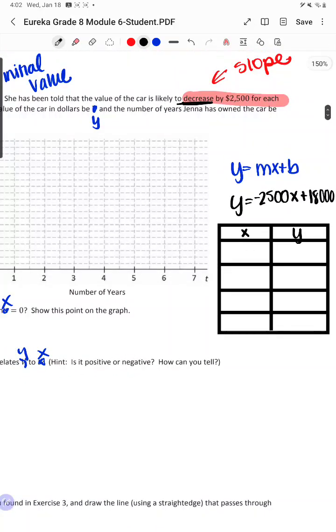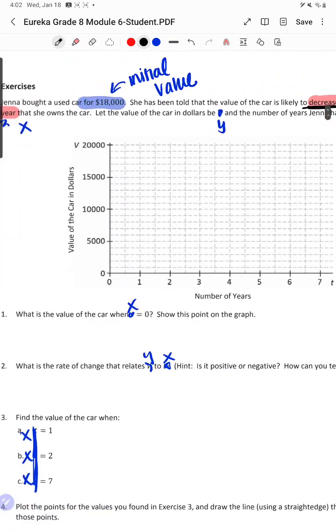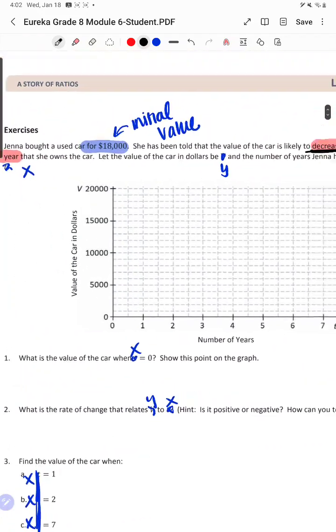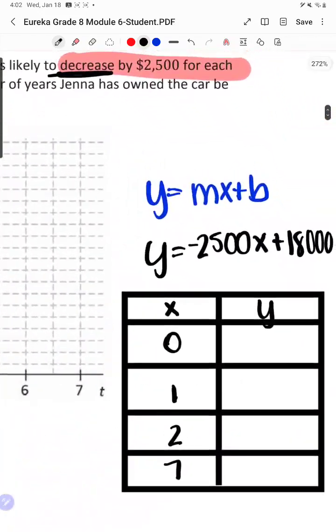All right, I'm going to fill in this with 0, 1, 2, and 7. All right, so it asks, what is the value of the car when x equals 0? So you're going to take this value right here, and you're going to plug it somewhere into that function, and then enter your answer into Edpuzzle.